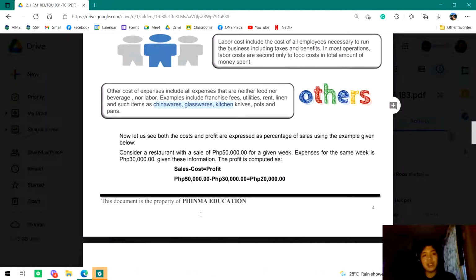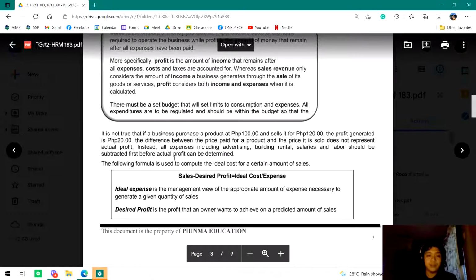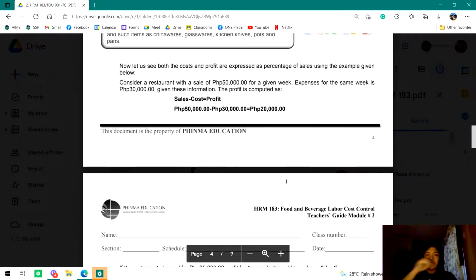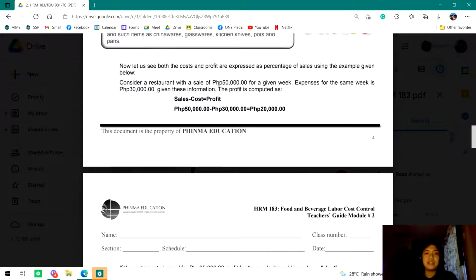Now, let us now proceed to the next part of the discussion. Balik tayo doon sa sinabi ko sa inyo na formula na ito, sales minus desired profit minus ideal cost over expenses. Let's say for example that you have a restaurant with a sales of 50,000 pesos for a given week.